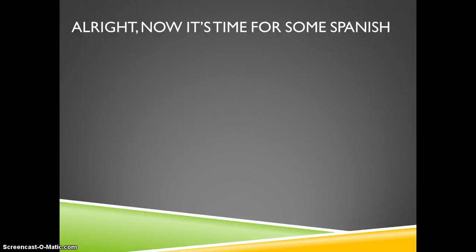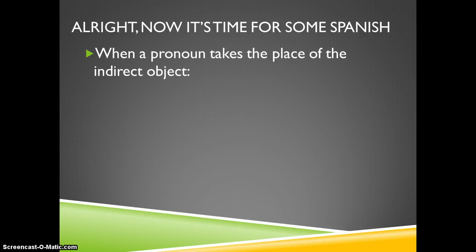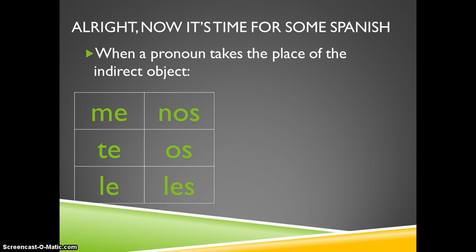Okay, so hopefully you have a good understanding about those indirect objects in English. So now we're going to switch and figure them out in Spanish. Remember, the pronoun takes the place of the indirect object. First, we've got me, te, le, nos, os, and les.